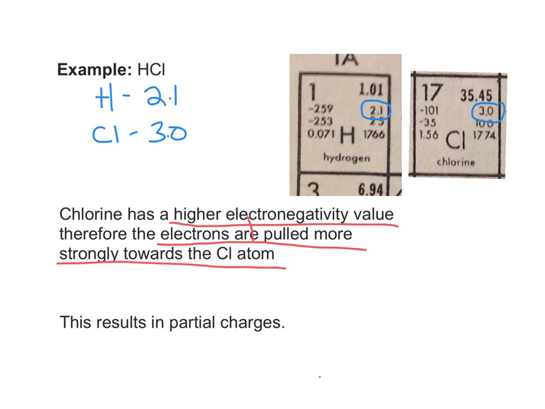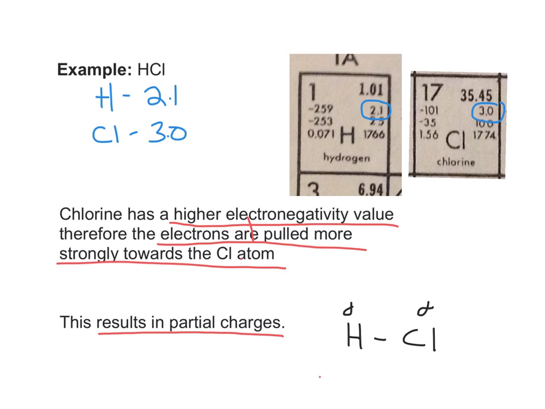Because those electrons are negatively charged and they're spending more time in one area, it means that the area they're spending their time in has a slightly negative charge. When electrons are pulled towards one atom, it results in partial charges. So when we draw or represent a bond where the electrons are pulled towards an atom, we draw our structural diagram like this, and then we use a symbol like this to indicate our partial charge.